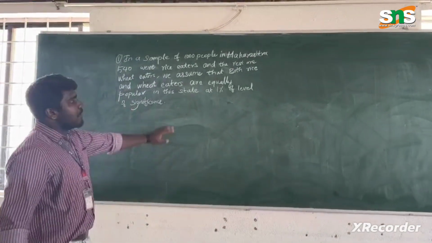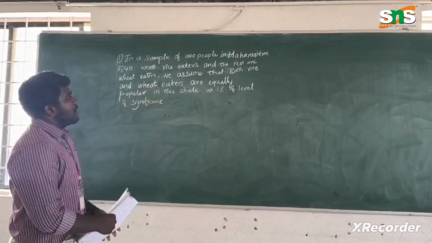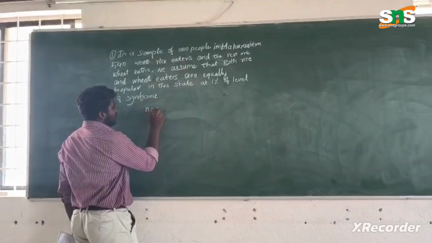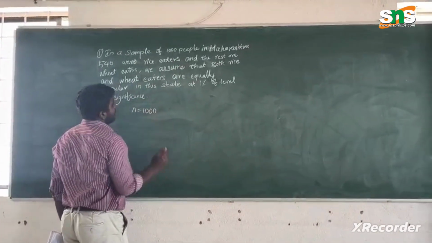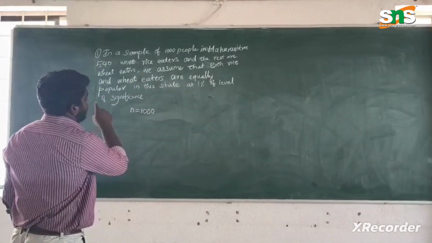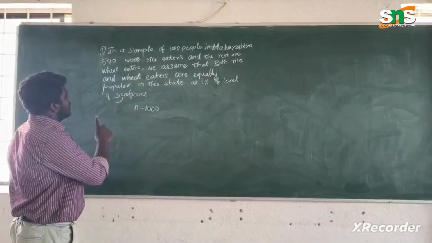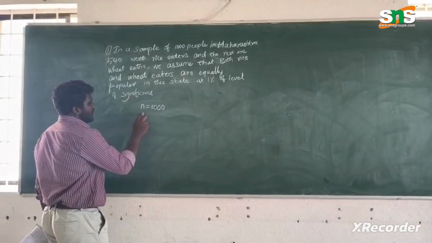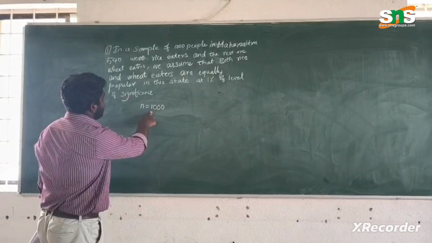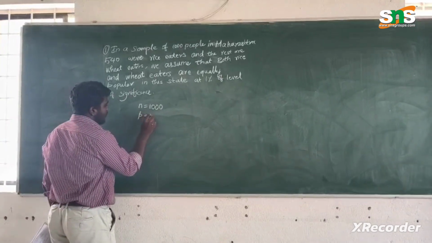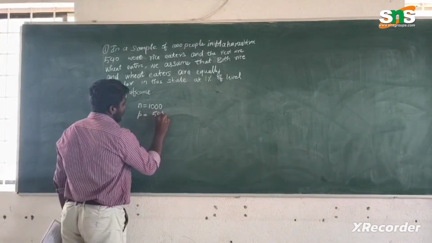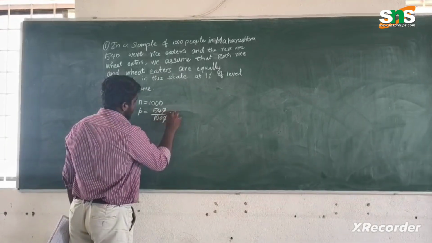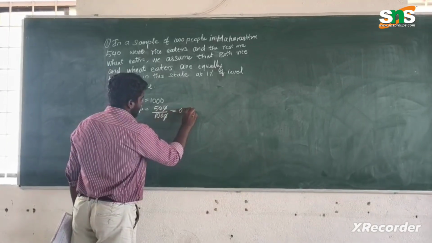So let's collect the input from the problem. The total sample space is 1000, which means n is equal to 1000. And the rice eaters in Maharashtra are 540. We have to create a proportion with the total sample space and the rice eaters. That is, small p is equal to 540 by 1000, which is 0.54.